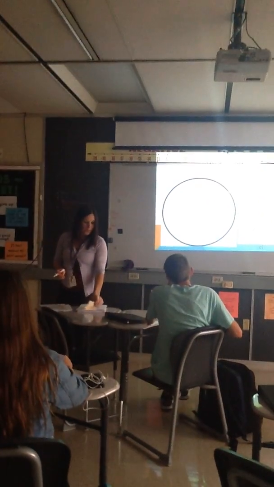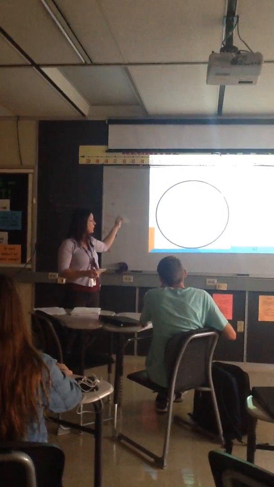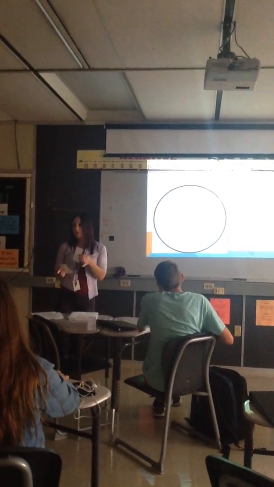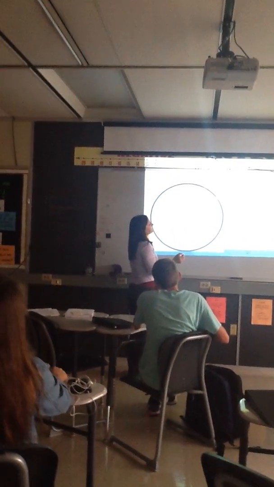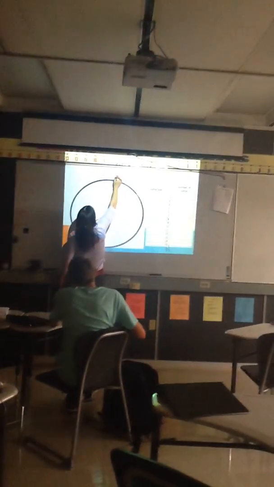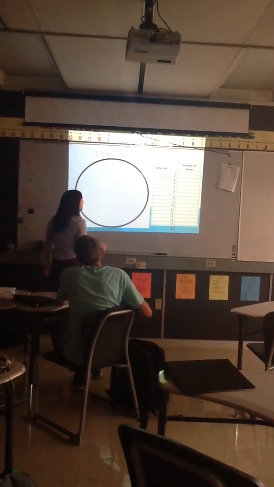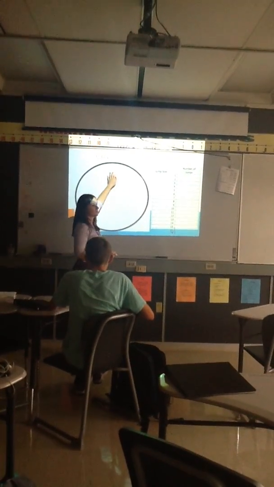And I will pass out these dots as well that you're gonna use to put on the face of your clock. Mine is gonna be 16 dots, so I'm gonna put 16 dots around the face of my clock.